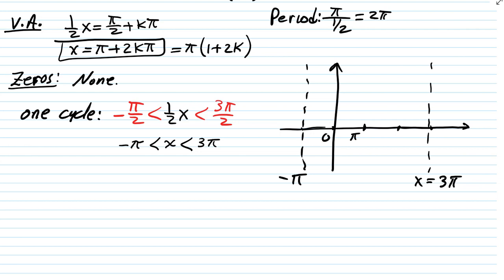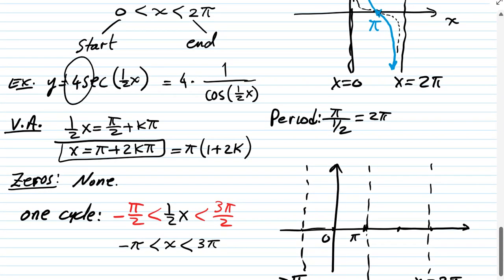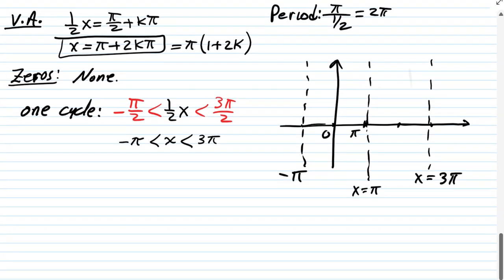So this is pi. So I'm going to have another vertical asymptote here, x equals pi. All right. And when x is 0, notice right in here, secant of 0 is 1, so you get 4. Instead of starting at 1, you actually start at 4. Let's say this is 4. So I'm going to get one of these.